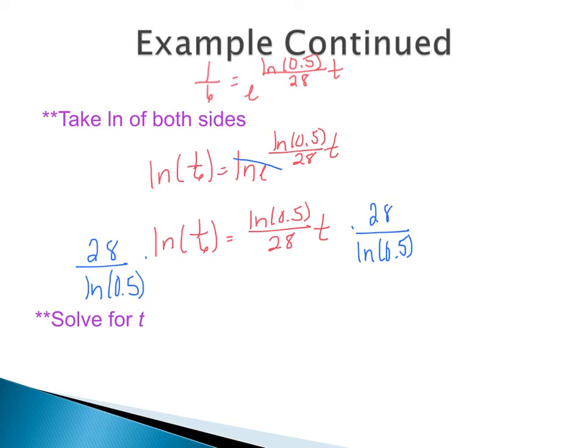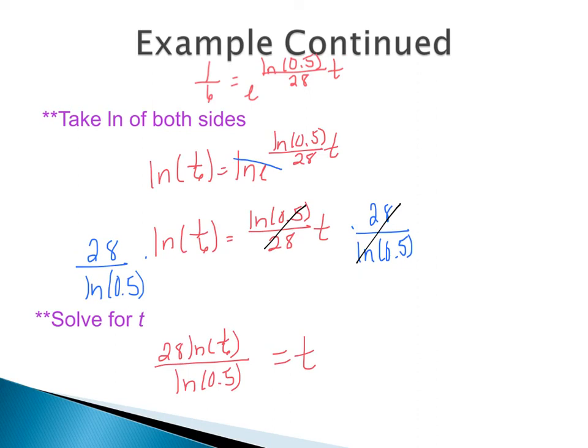Then on the right-hand side, your fractions will end up canceling out. On the left-hand side, we can rewrite this as one fraction to be 28 natural log of 1/6 over natural log of 0.5, which would be equal to t. So again, that would be your exact answer, but not very helpful to us.